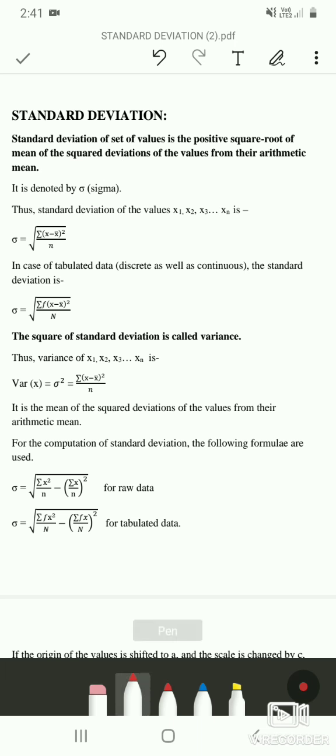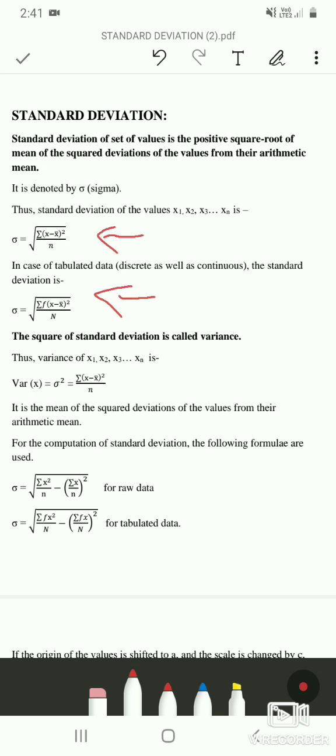So let us see the formulas of standard deviation in case of raw and tabulated data. In case of raw data, the formula is sigma is equal to square root of summation x minus x bar whole square divided by small n.